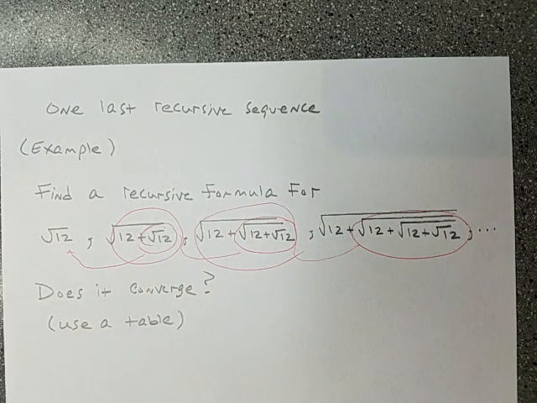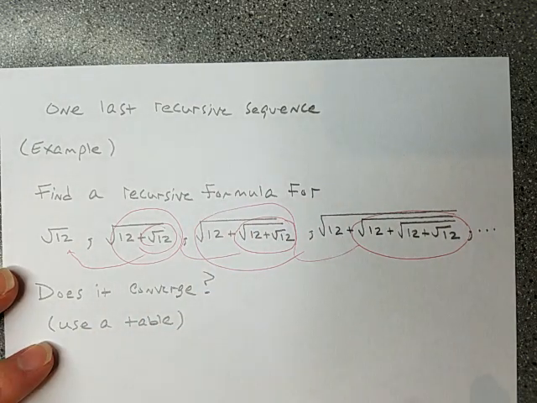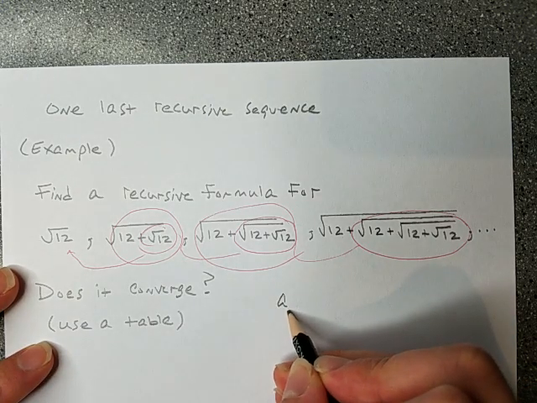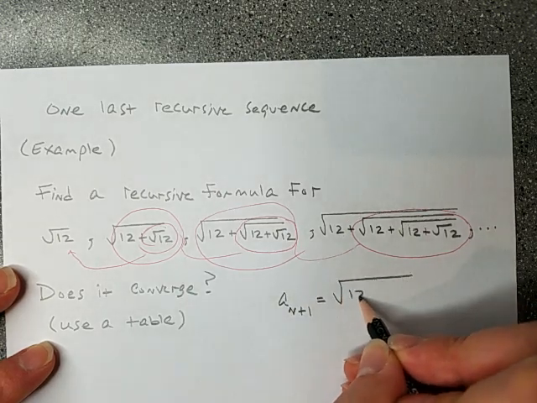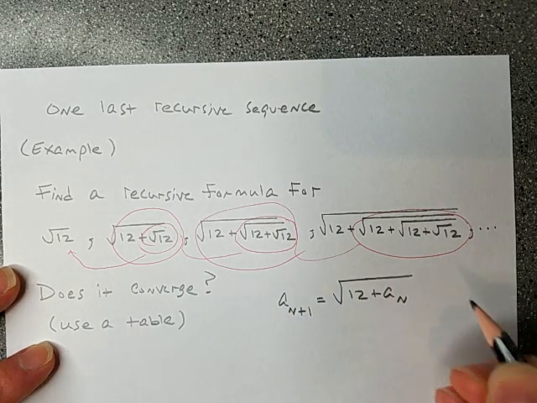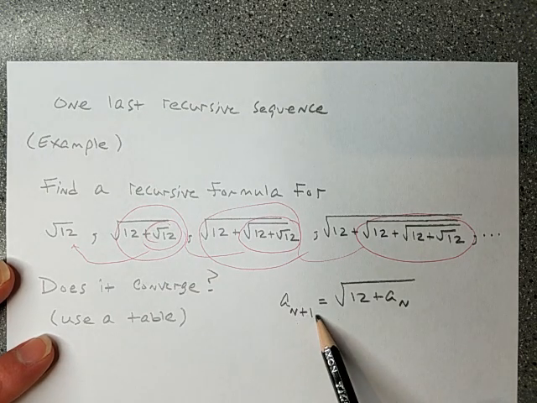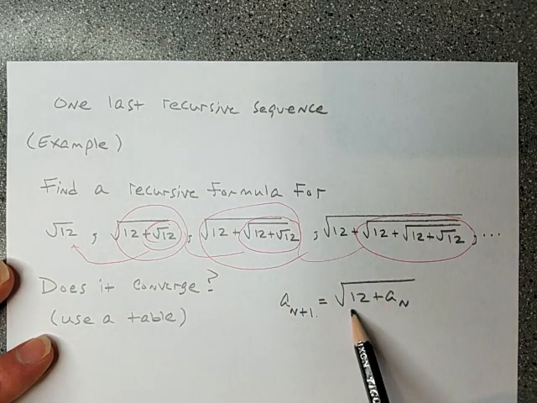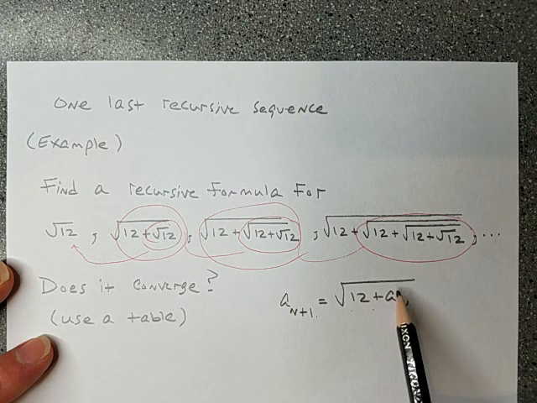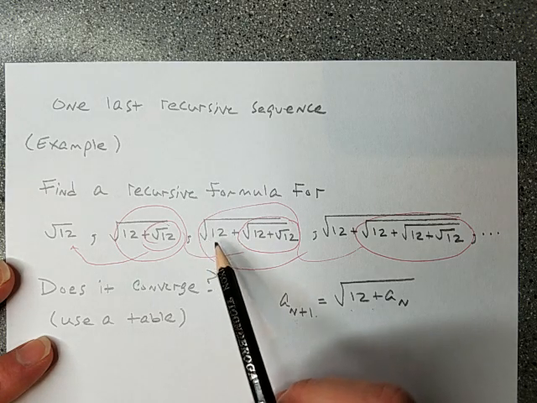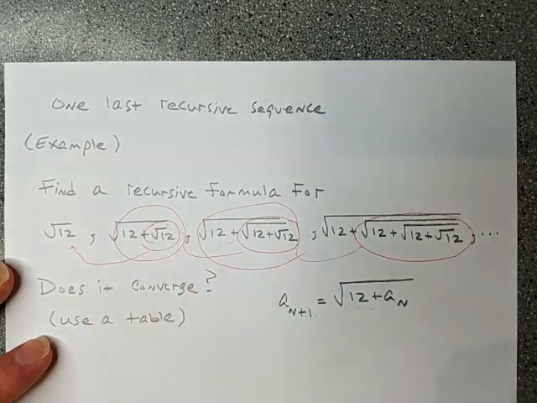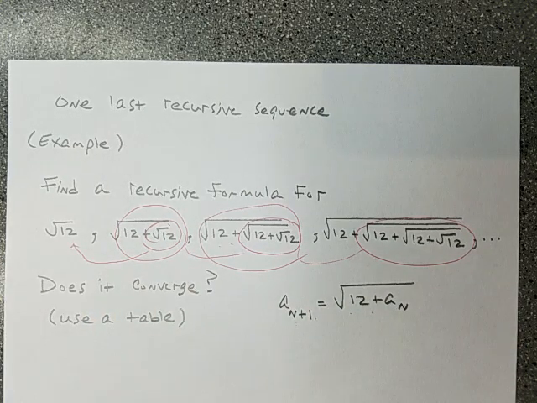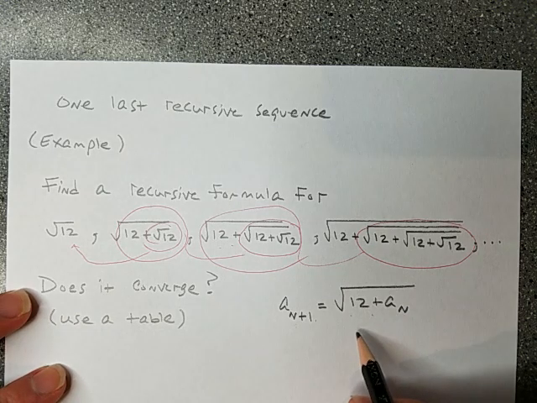I had to draw on it to try to get you to see the pattern, but it looks like you can find the terms this way. Any term is the square root of 12 plus the term that came before, right? Is this one the square root of 12 plus the term right before it? It appears to work. So that's what I want for this one.